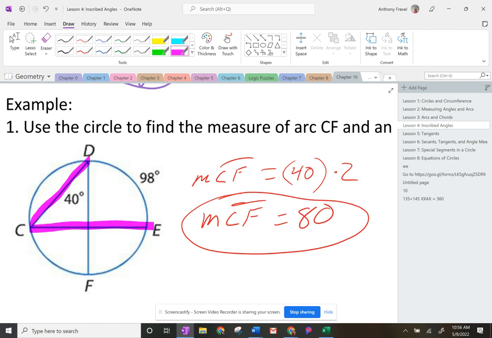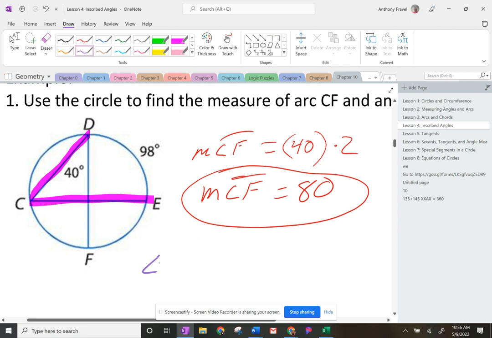Okay, so it tells me that this angle is going to be an inscribed angle. I'm trying to find out. But, guys, the central angle, the one that's going to go from here to here, is 98 degrees. So if I want to find the inscribed angle, the one that's opposite of this one, let me get my handy-dandy highlighter.